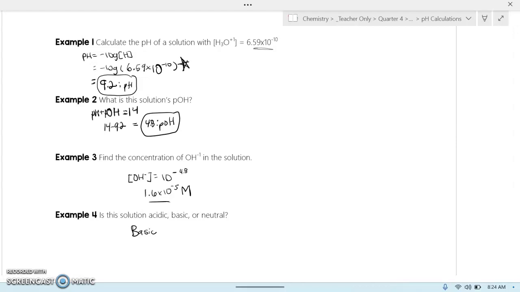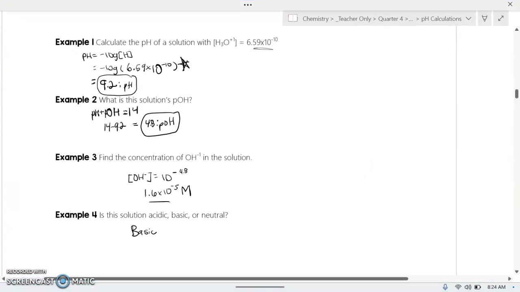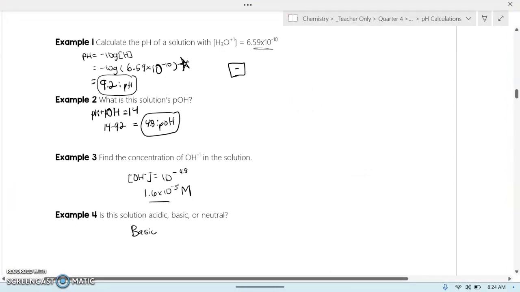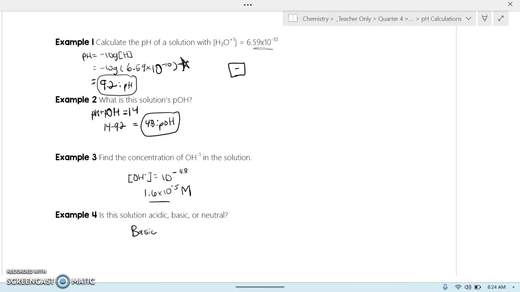I'm going to put this in. You're going to click the negative button, and on my calculator it's down by the equal sign, the negative button underneath the 3 button, and then you're going to click the log button.